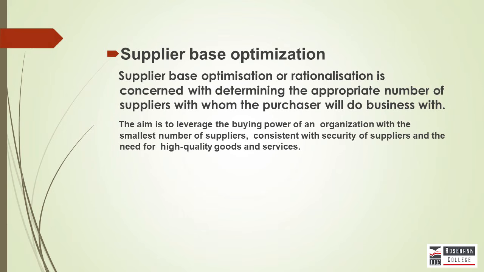We are saying supplier base optimization or rationalization is concerned with determining the appropriate number of suppliers with whom the purchaser will do business with. Supplier base optimization is the process of strategically managing and improving the network of suppliers that an organization works with. It involves evaluating and selecting suppliers, developing relationships, and continuously monitoring and improving supplier performance to maximize value and minimize risk.